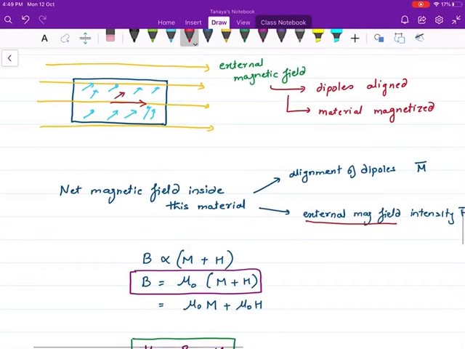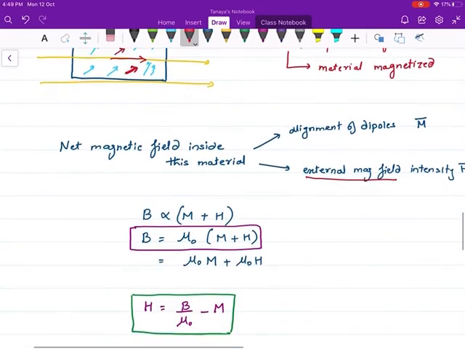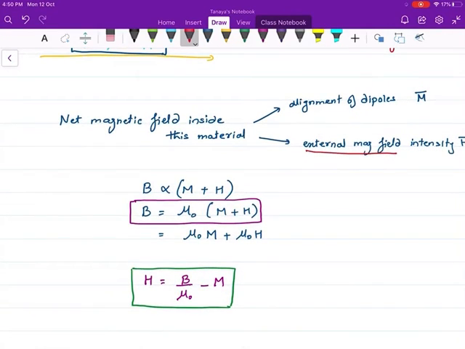Magnetization is because of this dipole alignment. So B is proportional to the magnetization vector plus the magnetic intensity vector. Now this proportionality sign I can remove by putting mu naught. Mu naught is the permeability of free space. So B is equal to mu naught M plus mu naught H.